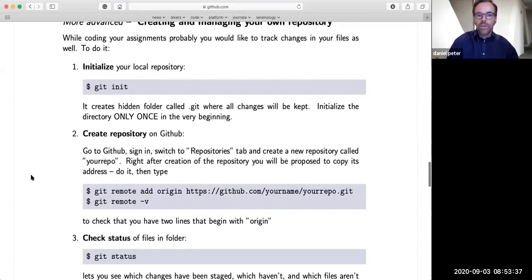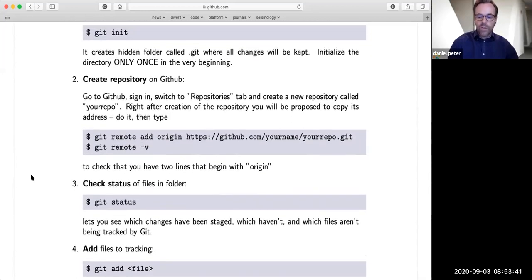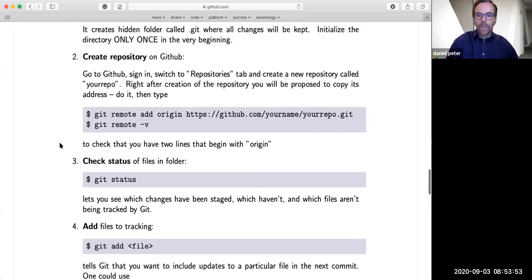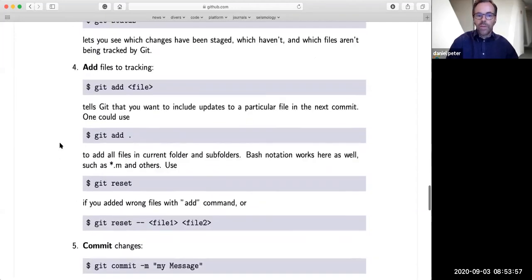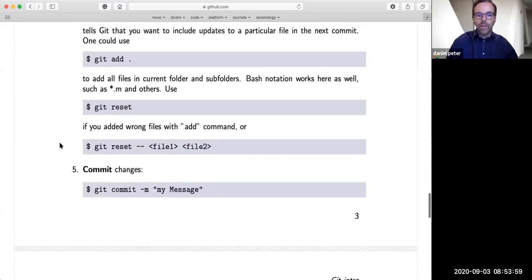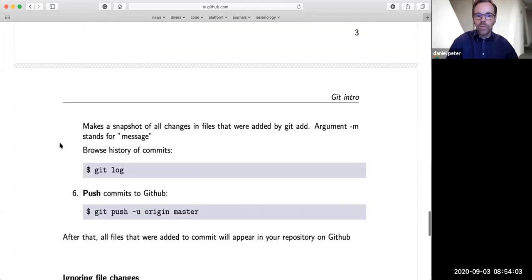This is how you would update your local. Local always means, for example, you have a repository on your laptop, and the remote one would be the one in the cloud on GitHub servers. And this is how you could set up your own repository, add code files to it, and then put it under this version control.